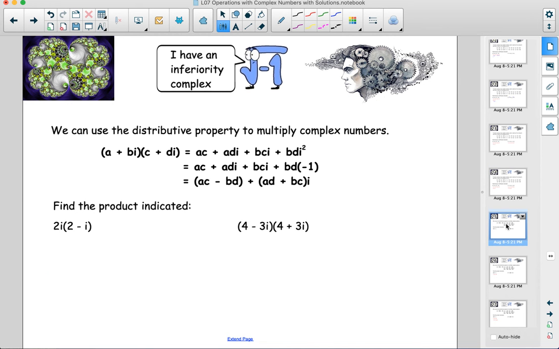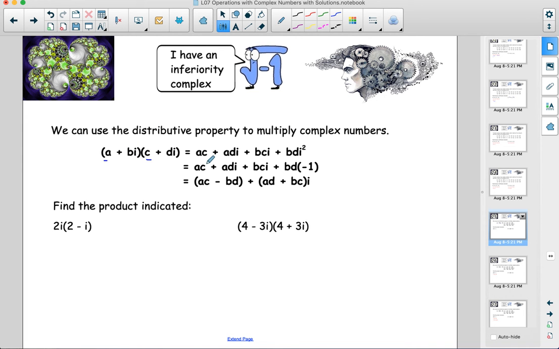What about multiplying? So multiplying, we are going to use the distributive property, and we're going to show you what would happen. So multiplying these two real parts, it's a times c. Then we can multiply a, d, i. Multiplying these we'll get b, c, i. And then multiplying these two we will get b, d, and i times i will get i squared.